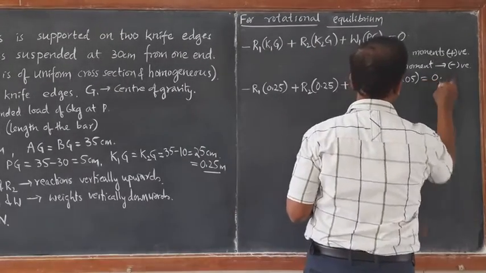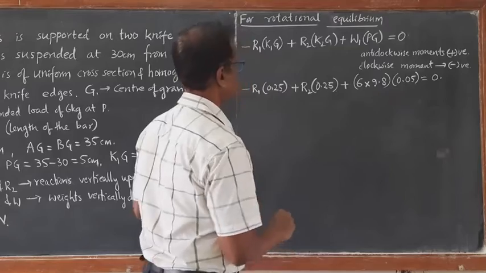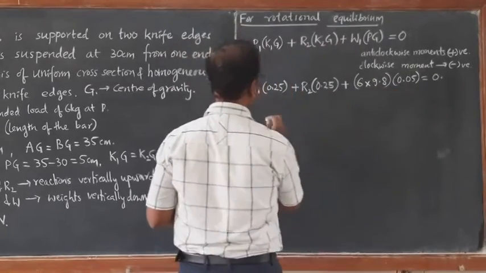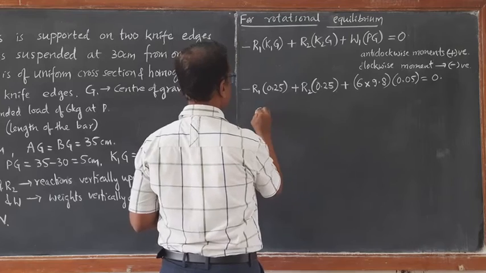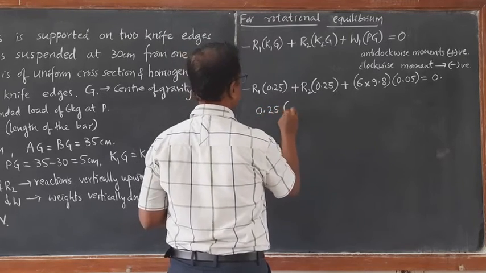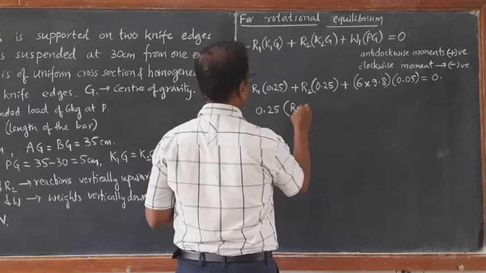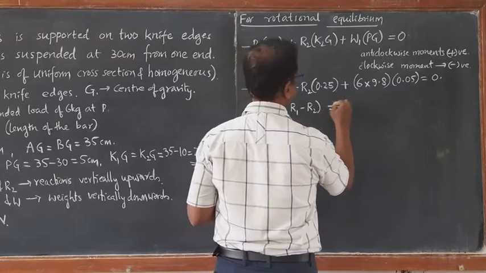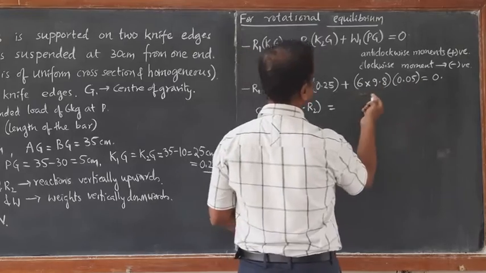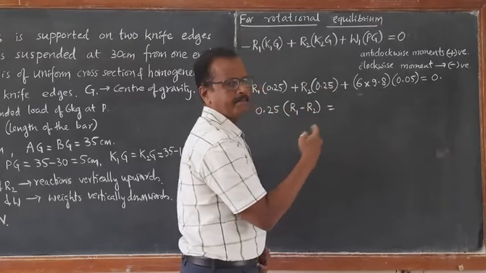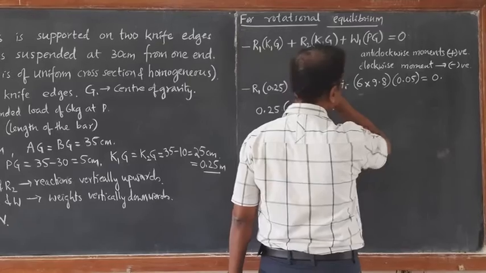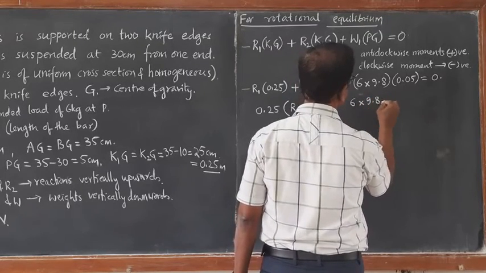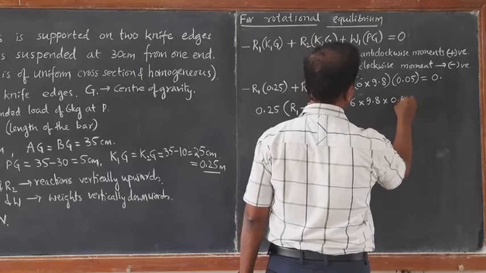That's equal to 0. Now, if you take this to the right hand side, it will become negative. So I will readjust this: 0.25 into R1 minus R2 equal to, when you take it on the other side and cancel the negative sign, 6 into 9.8 into 0.05.